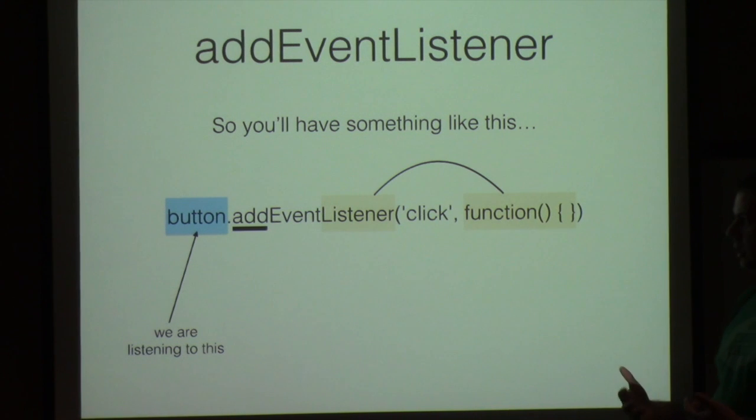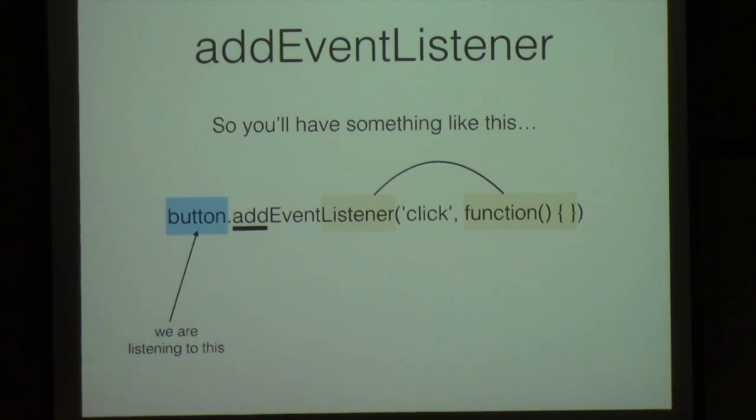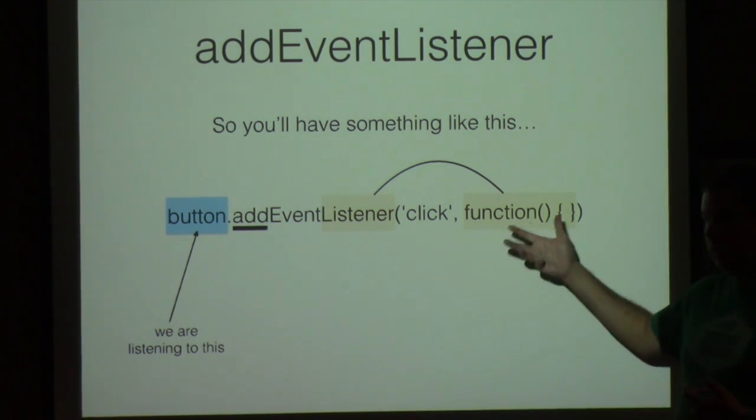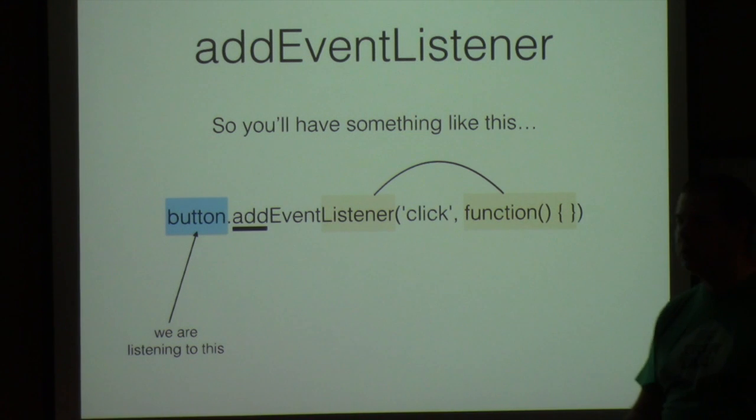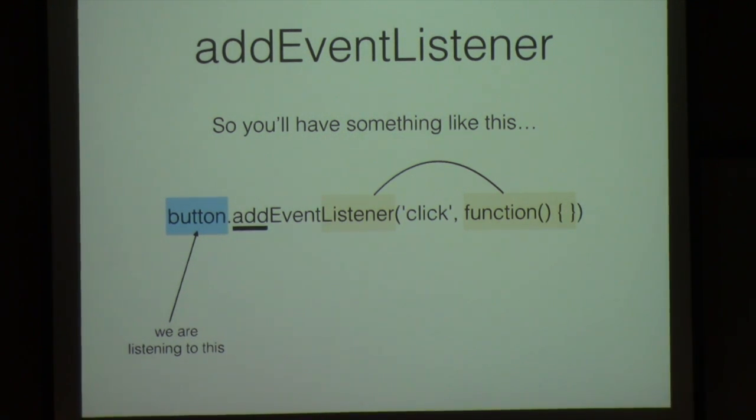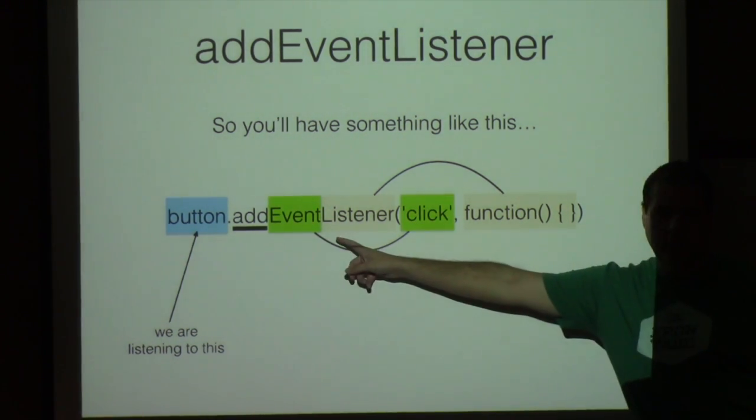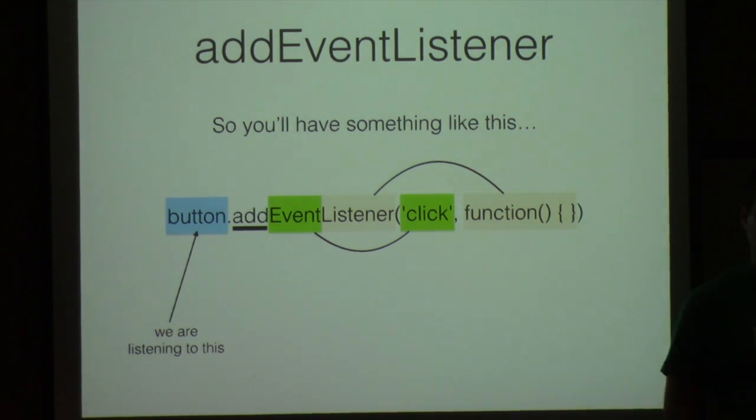So first, let's think about the listener. The listener is like the spy that you're sending in, so when the thing happens, you know about it. That's the function of the listener. And the listener is a function. So you pass it a function, and whenever the event happens, it fires the listener and says, okay, listener, the event happened. Any questions about that?